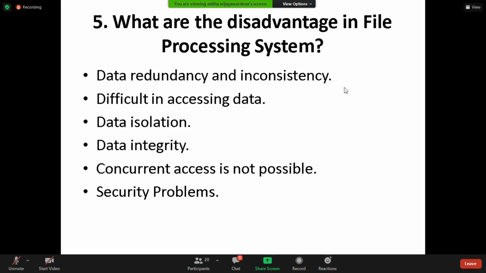And the other thing is it is difficult to access the data. If you look at a log file, you will realize how difficult it is to read and understand. And the other thing is data is isolated. You can never link two log files and do a query like that. Right? Those are two independent files. If there are many files, let's say 100 files, you cannot build up any association or relationship in between. Right?